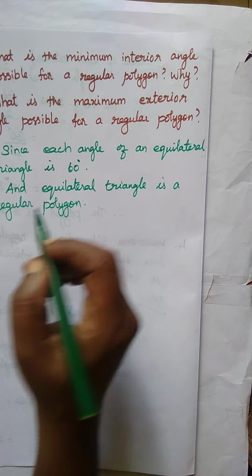Therefore, the minimum interior angle is 60 degree for a regular polygon.